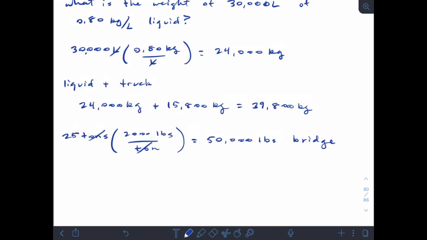The truck, we have 39,800 kilograms for the truck and 2.20 pounds per kilogram. That means our truck weighs 87,560 pounds.